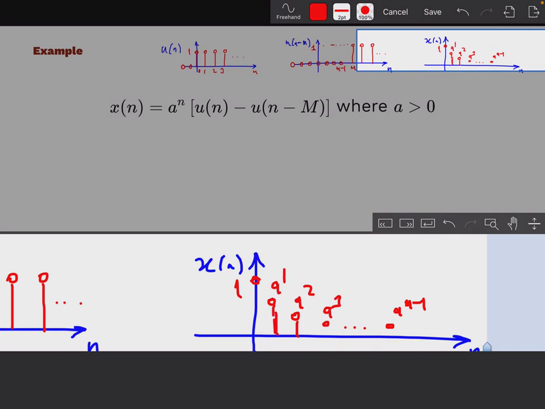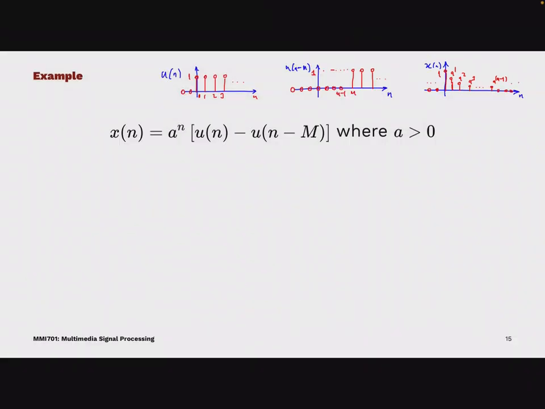So it exponentially decays up until a to the power m minus 1. Then it's 0. So it has a finite time support. Okay, so this is our signal, right? And a is greater than 0.